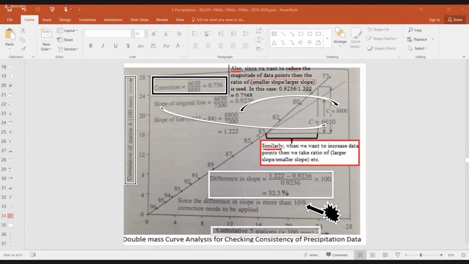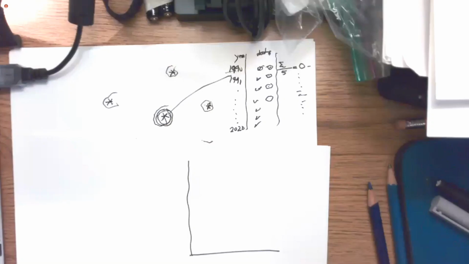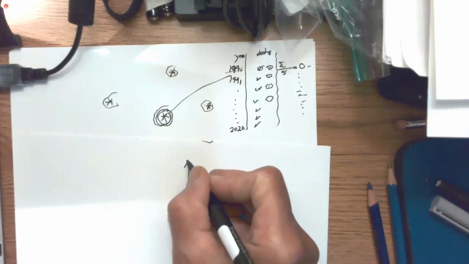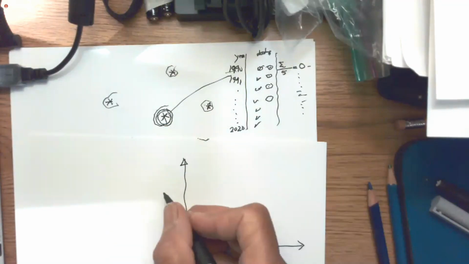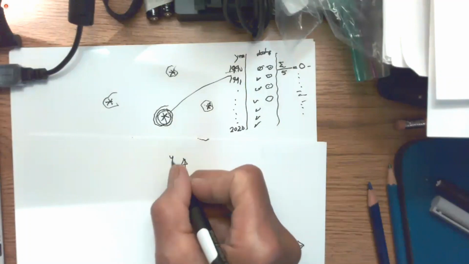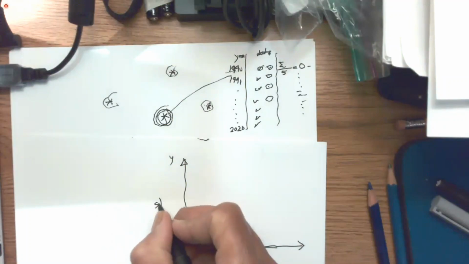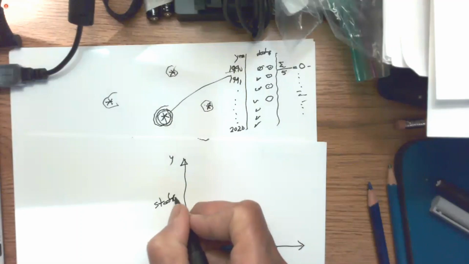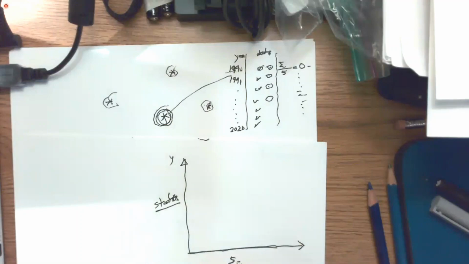Okay, so the 5-station average data, or more stations, which is cumulated, is in that direction, and the data whose quality is being checked is on the y scale. So that is the station whose quality is in question, and 5 stations which are surrounding it.